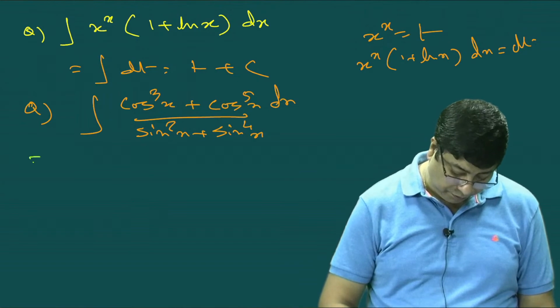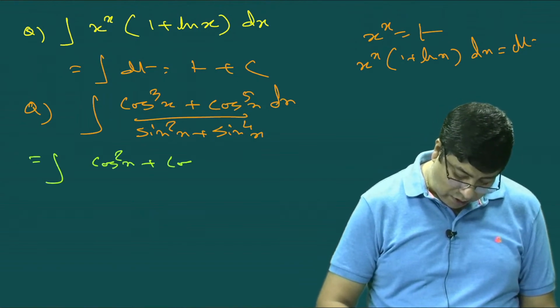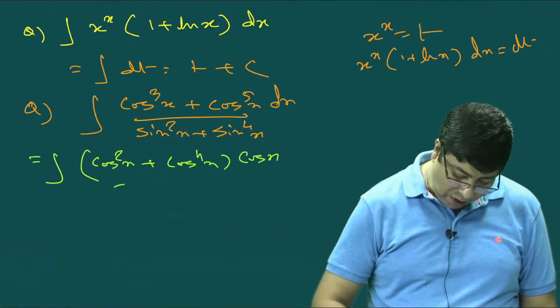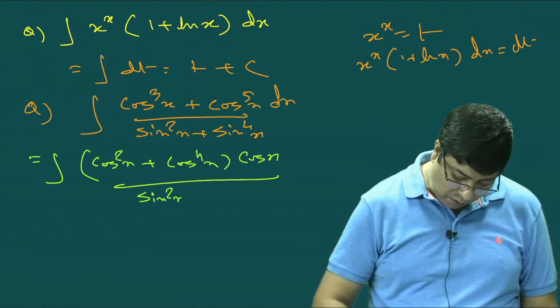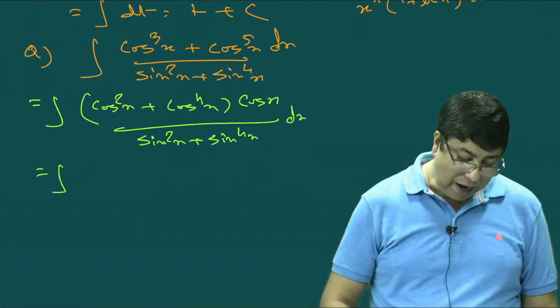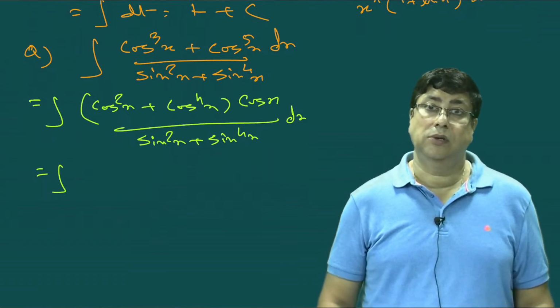Next. So cos square x plus cos to the power 4 x into cos x, total divided by sin square x plus sin to the power 4 x dx. Cos square you have to write directly as 1 minus sin square x, or let us take a substitution.